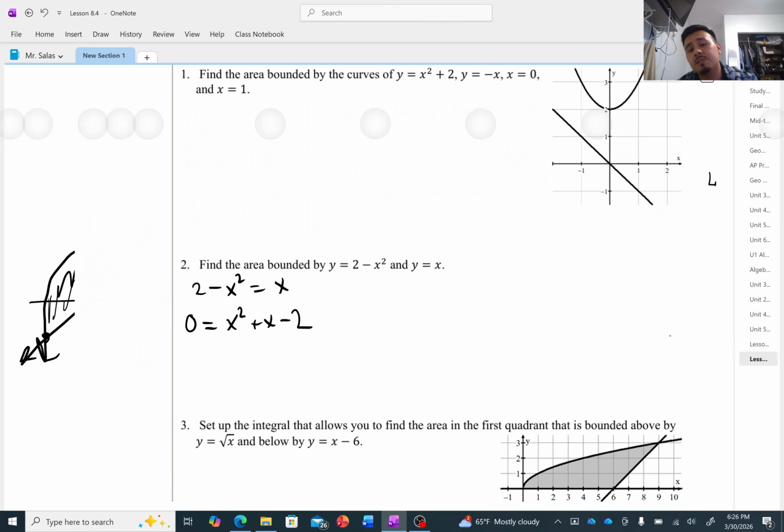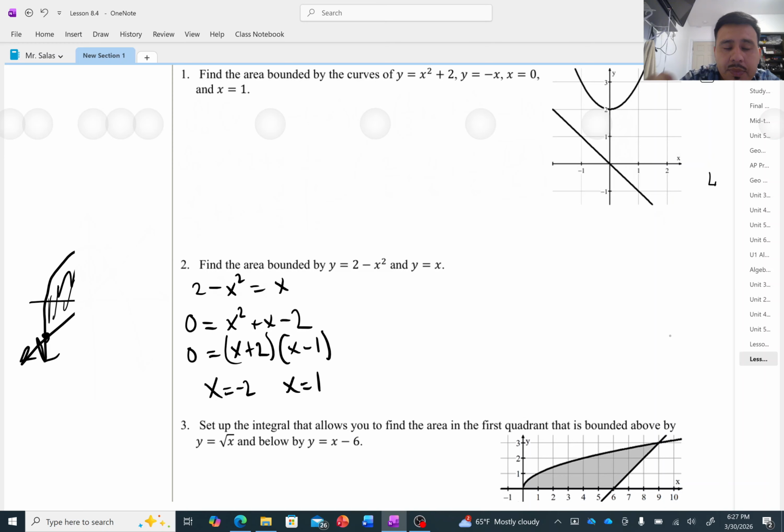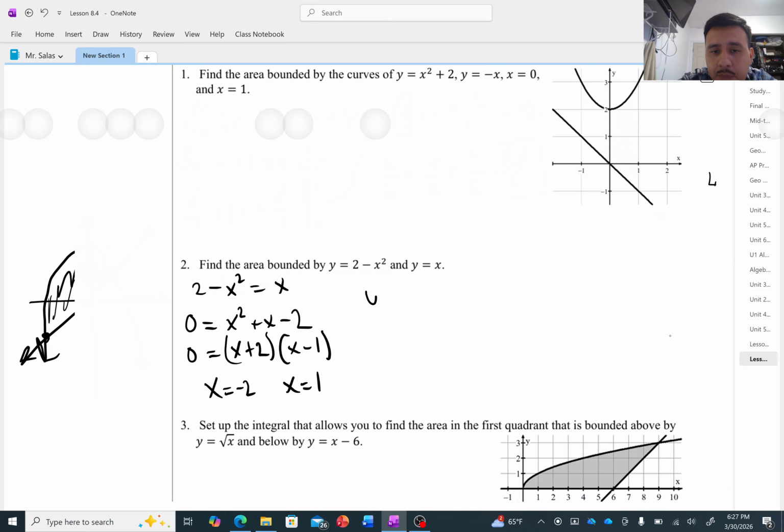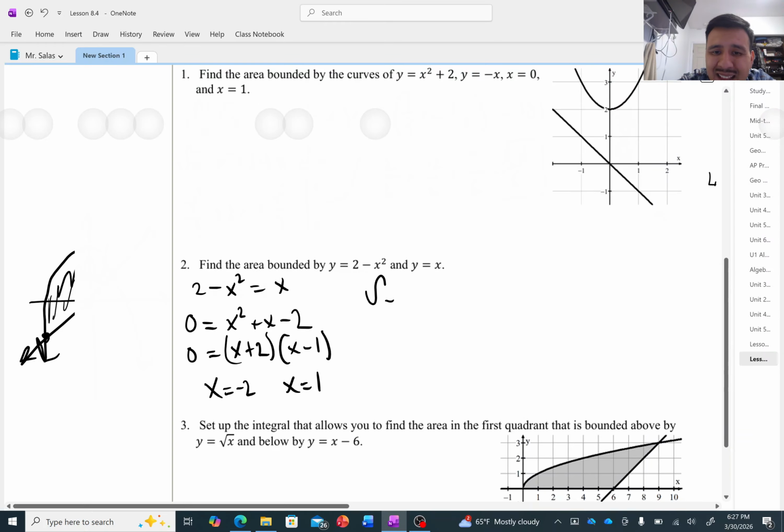Use the x method to factor that, and you should get that 0 is equal to x plus 2 times x minus 1. Boom. Now I'll solve for x on both sides, and I get that x is equal to -2 and x is equal to +1. Now I know where my graph is going to be bounded for my integral. So now my integral tells me that I'm bounded between -2 and 1 for my function.